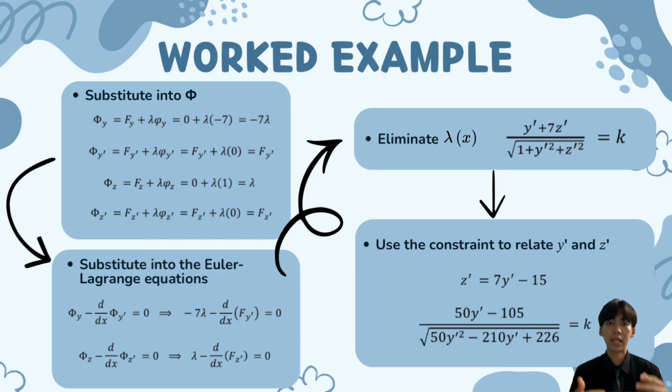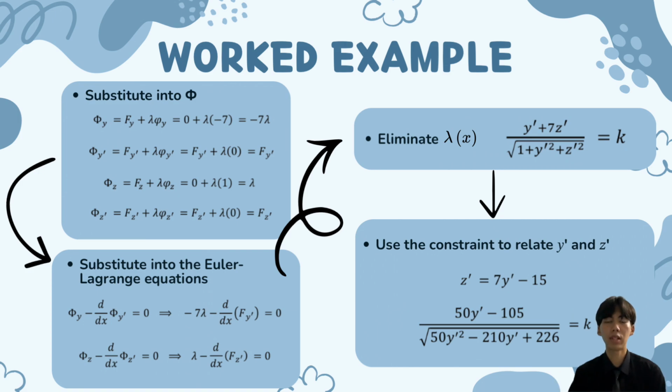Plugging this into the Euler-Lagrange equations will produce a pair of coupled equations, which is negative 7 lambda minus d over dx f y prime equal to 0 and lambda minus d over dx f z prime equal to 0. Multiplying the second equation by 7 and adding it to the first will allow lambda to cancel out entirely.